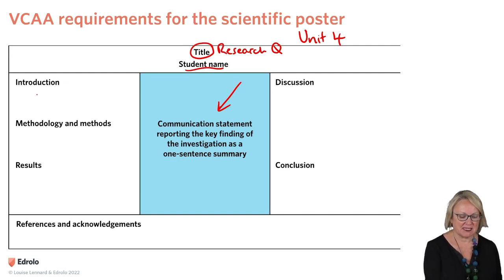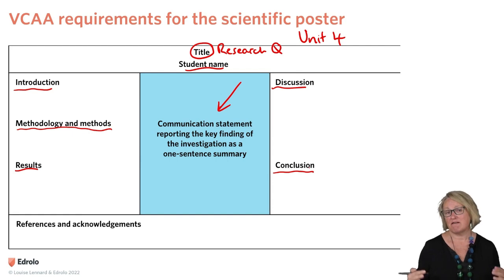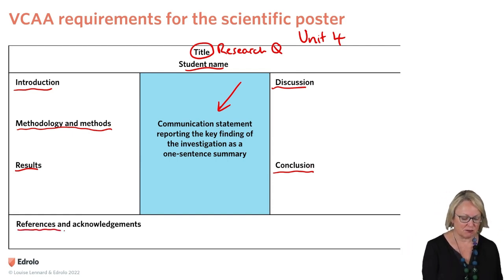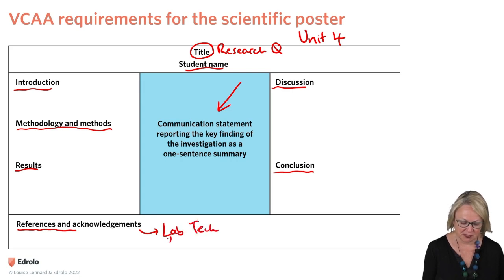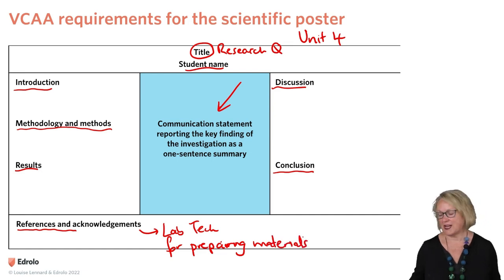And then there are these subheadings: introduction, methodology and methods, results, discussion, and conclusion. Very similar structure to a scientific report. And then there's references and acknowledgements. The acknowledgement, you might acknowledge the lab tech for preparing materials, for example, for an experiment.